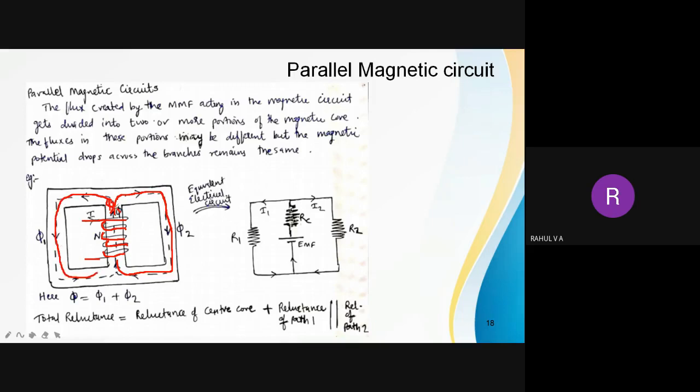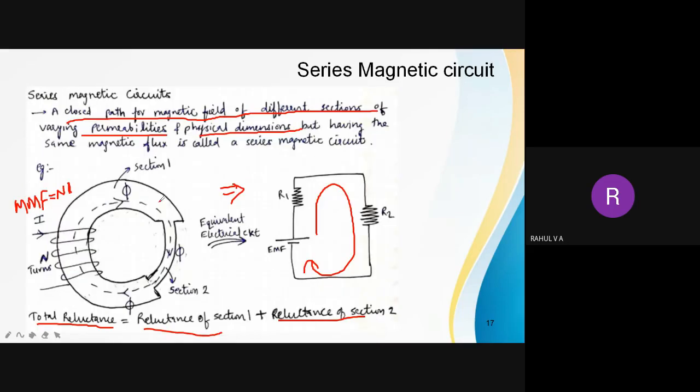So the total flux phi is divided into two, phi 1 and phi 2. You can see that both are parallel to each other. In the previous case, whatever flux was generated flowed from the coil to section 1, then the same amount of flux flowed to section 2 and came back to the coil.